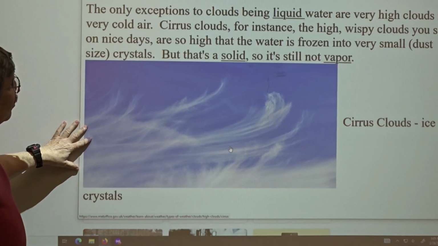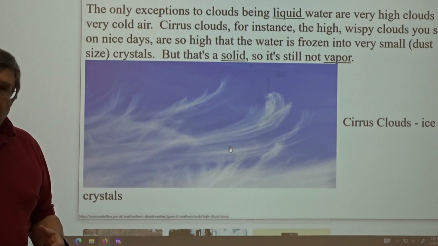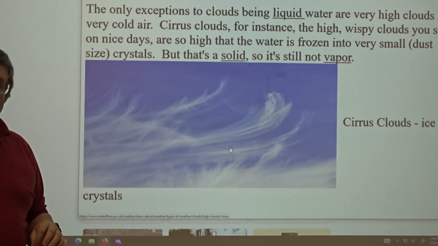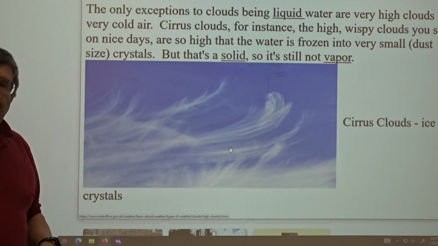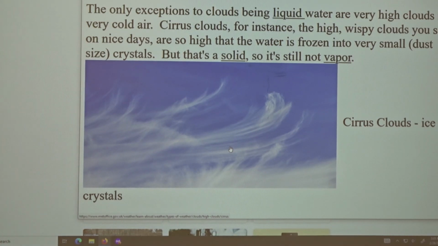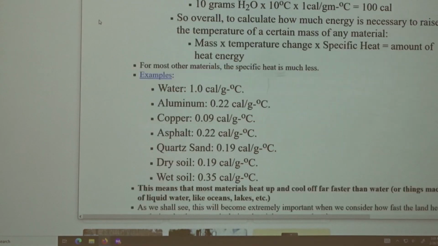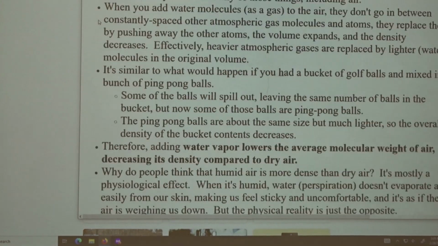So that's the thing to remember when we're talking about water vapor. When we're talking about humidity, we're talking about the amount of water vapor as a gas that's present within the atmosphere. So let's get away from this and go look at the different terms that we use when we are discussing water vapor.